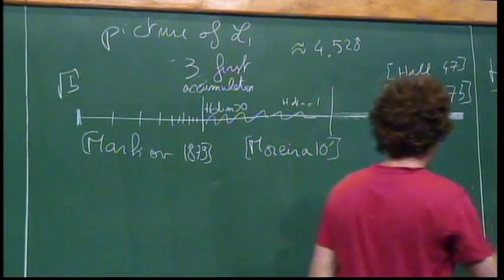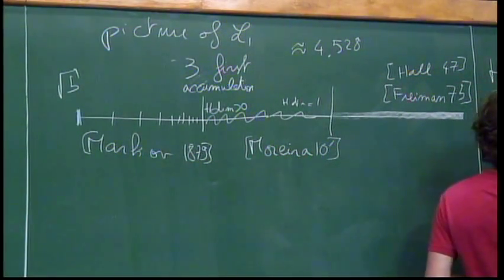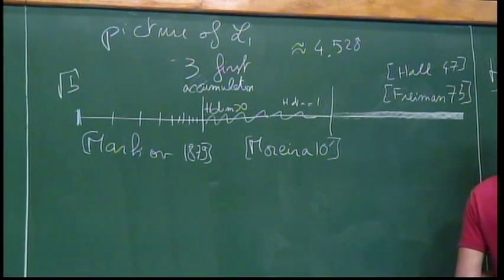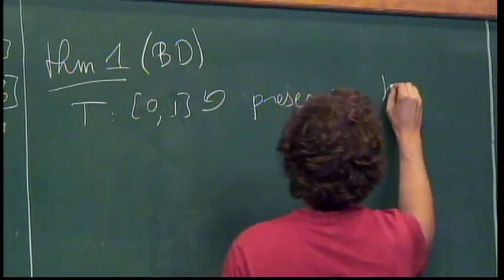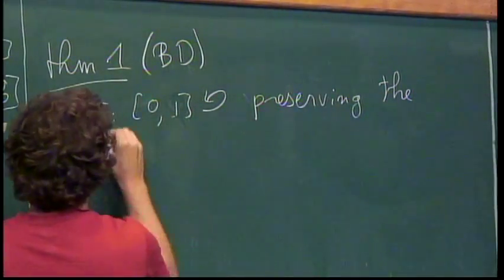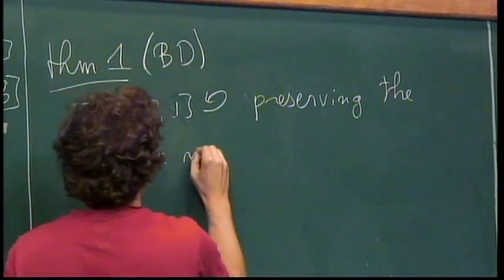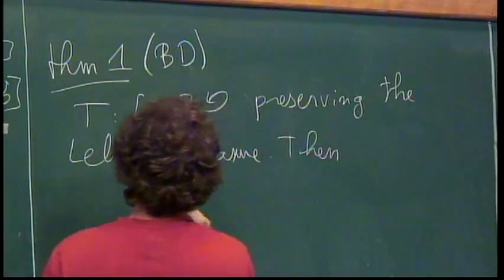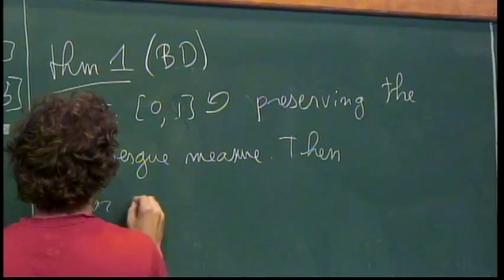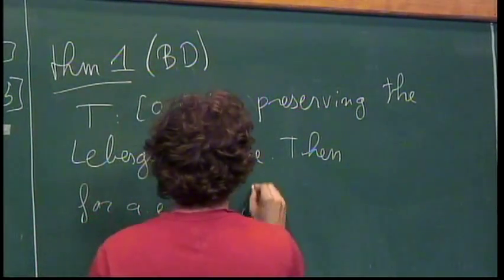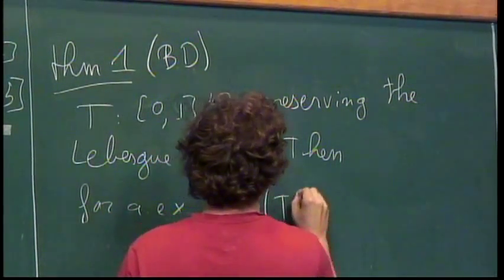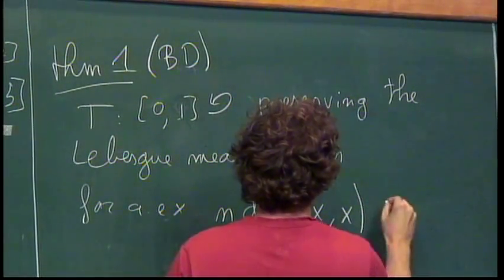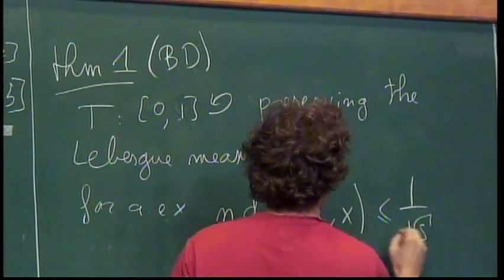So if you have any measurable T from 0, 1 to itself, preserving the Lebesgue measure, then for almost every x, the distance from T to the n of x to x is smaller than 1 over square root of 5.